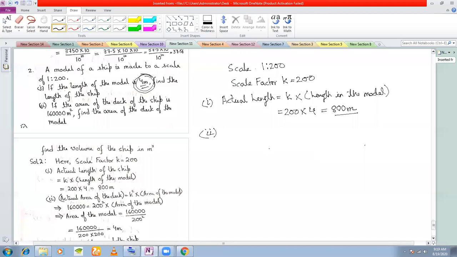Next, if the area of the deck of the ship is 1,60,000 meters square, find the area of the deck of the model. So actual area is equal to k into area in the model.